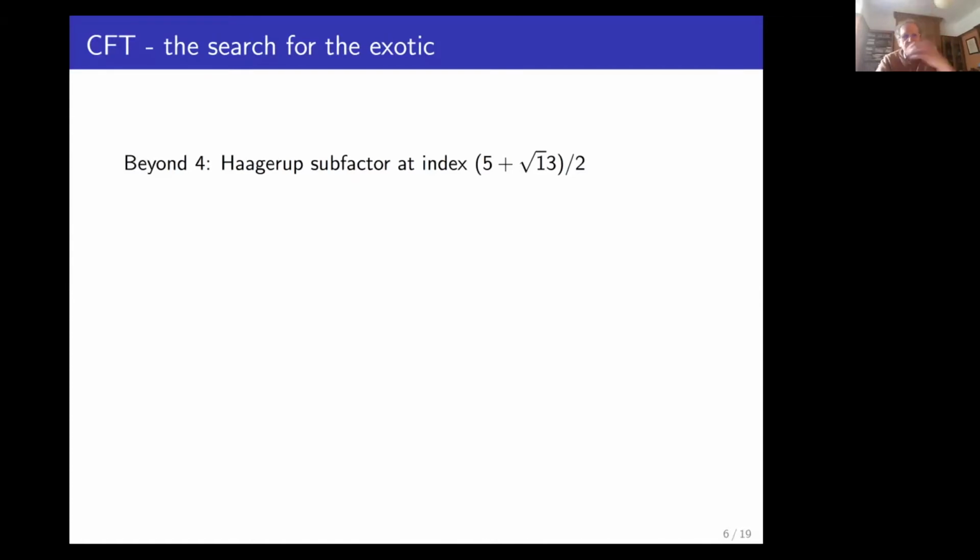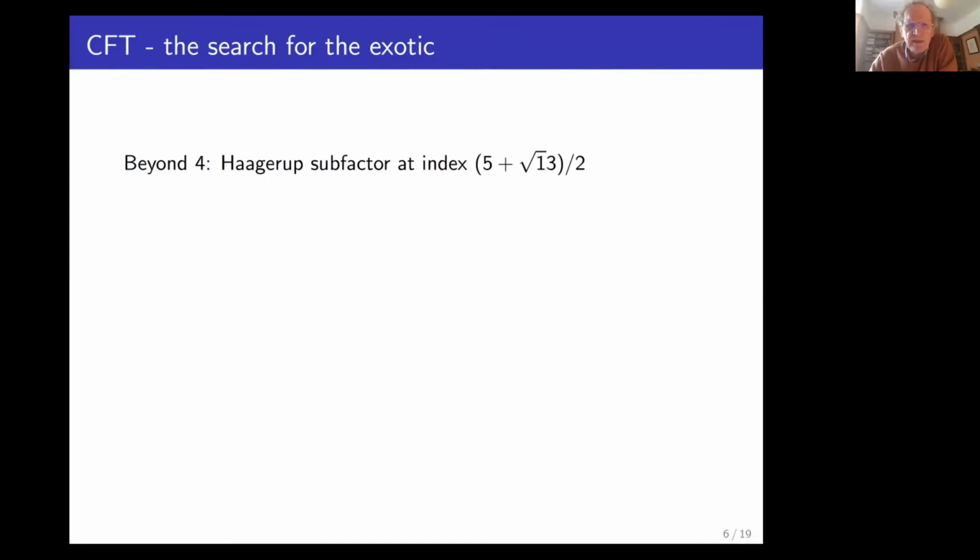Now, beyond 4, the first subfactor which has only a finite number of irreducibles is at index (5 plus root 13) over 2, which is found by Haagerup. Now, this does not give braided systems. In fact, at least one of the systems is not even commutative.